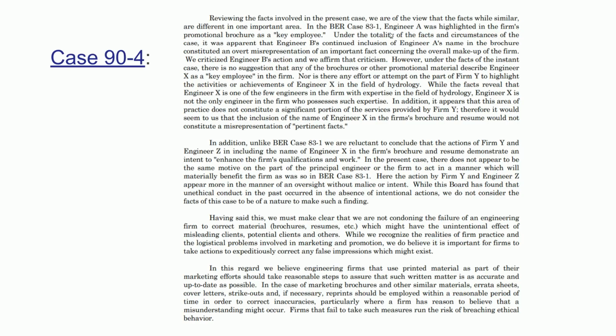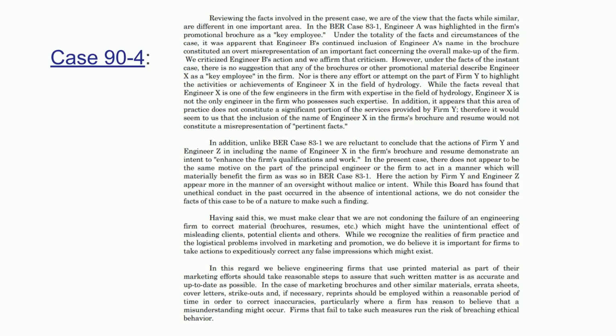The big difference is that in the 83.1 case, the engineer was a key employee, whereas in the 90.4 case, the engineer is just an associate who is an expert in a field that isn't a central part of the firm's caseload. And this difference is relevant. This is a pertinent difference.